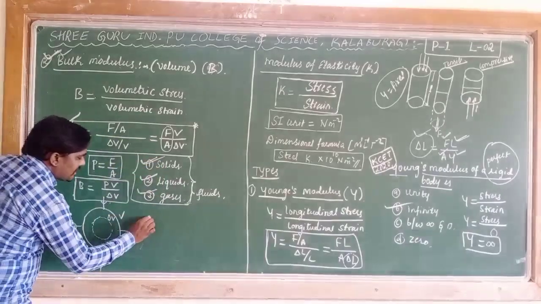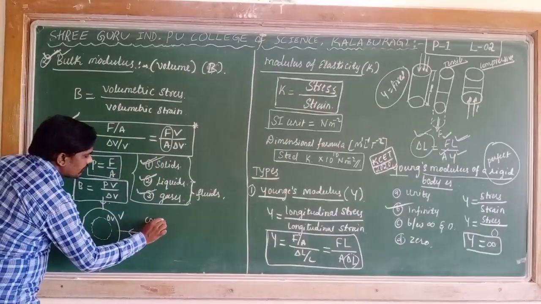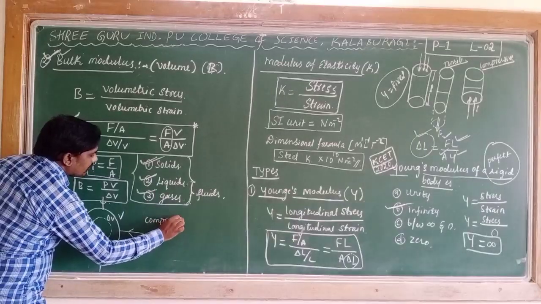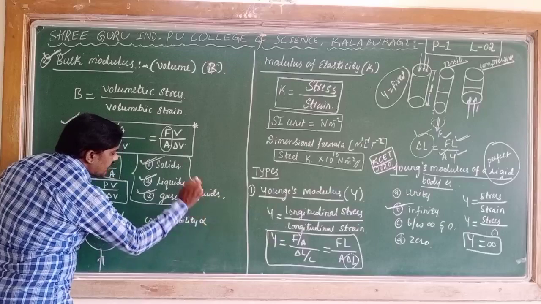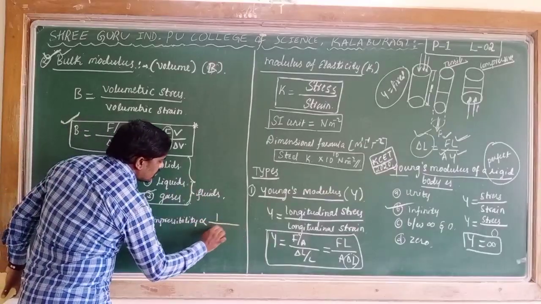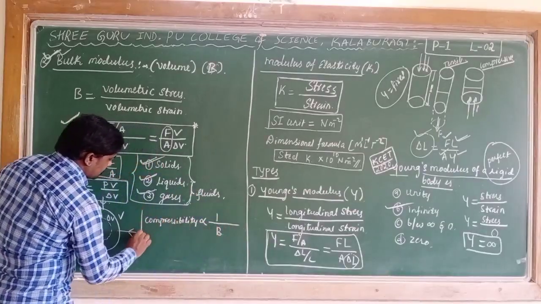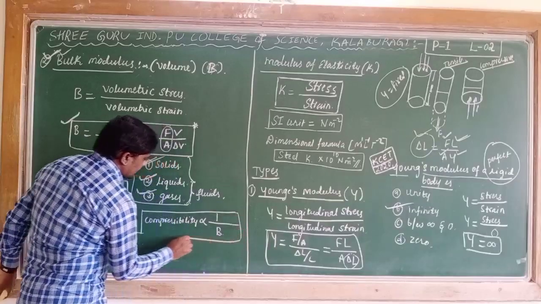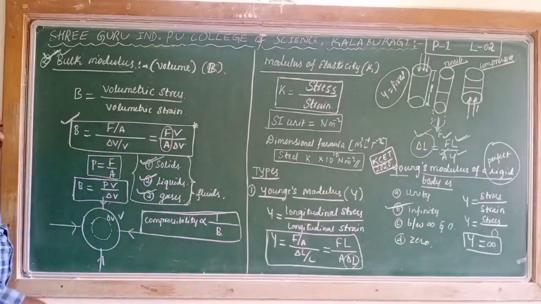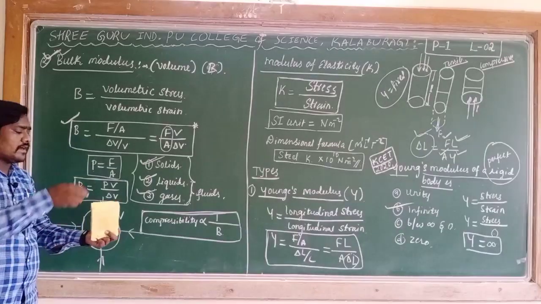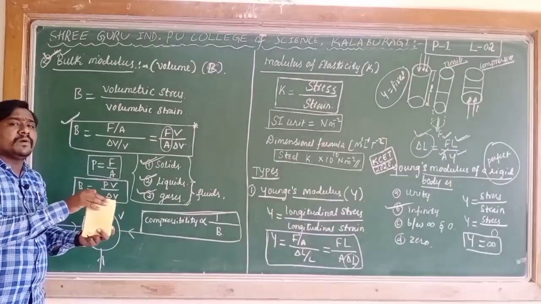This compressibility of a solid body is inversely proportional to bulk modulus. Very important, always keep in your mind: compressibility of a solid body is always inversely proportional to bulk modulus.